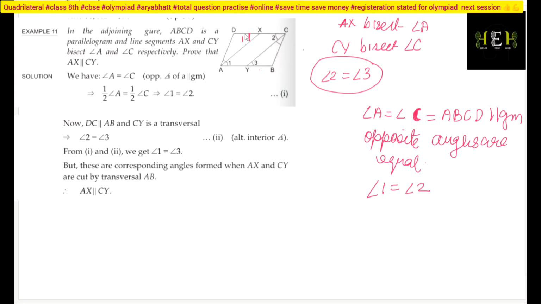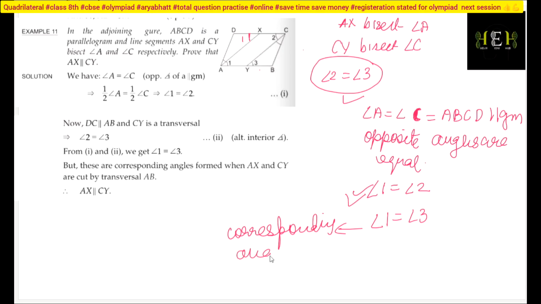Okay, now beta ji, when this happens, your CD will be a transversal, and if I say CY is parallel to XA, then these 1 and 2 are the corresponding angles. Which kind of angles? Corresponding angles. So 1 equal to 2, 2 equal to 3. And 2 is common, so I can combine these and say angle 1 equal to angle 3.